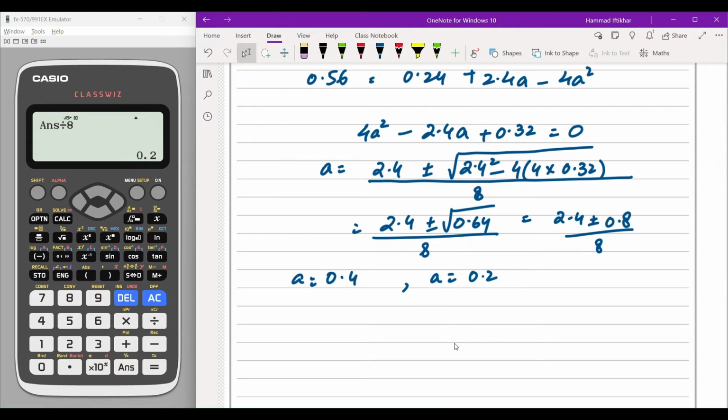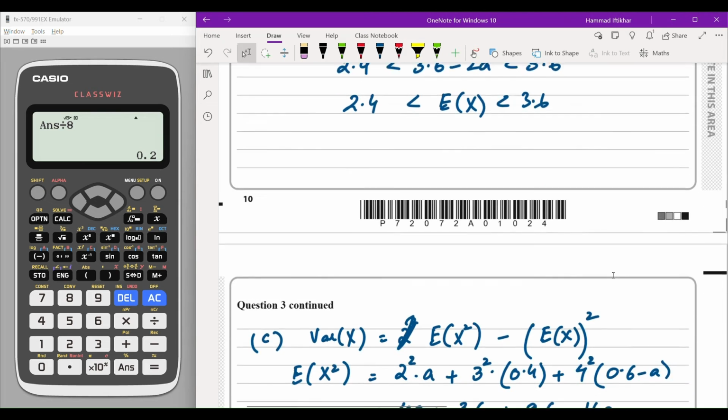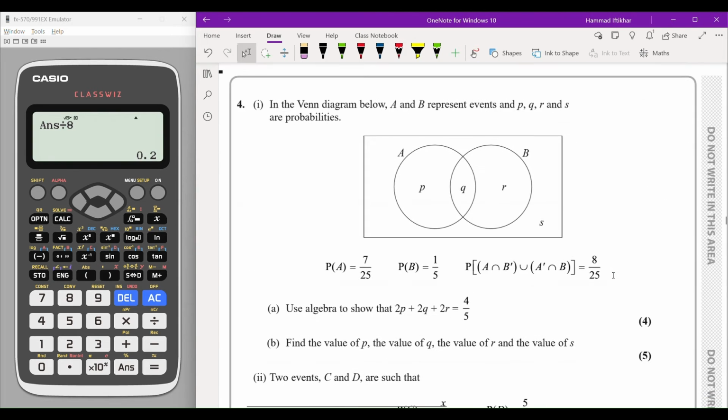Right, okay, so these are the possible values of a, either 2 over 5 or 1 over 5. Okay, all right, so I think that was the last part. Okay, all right, good. Moving on.